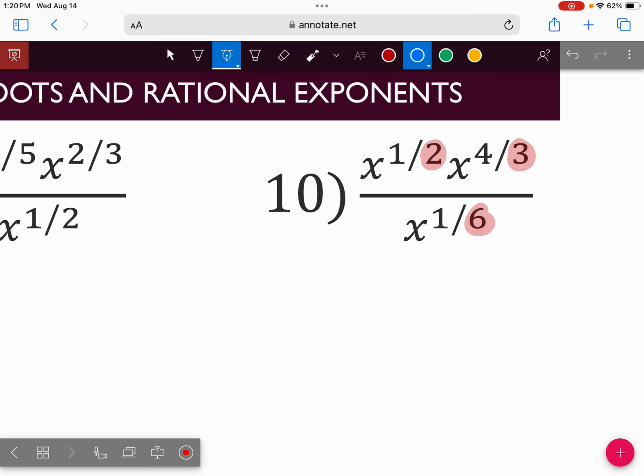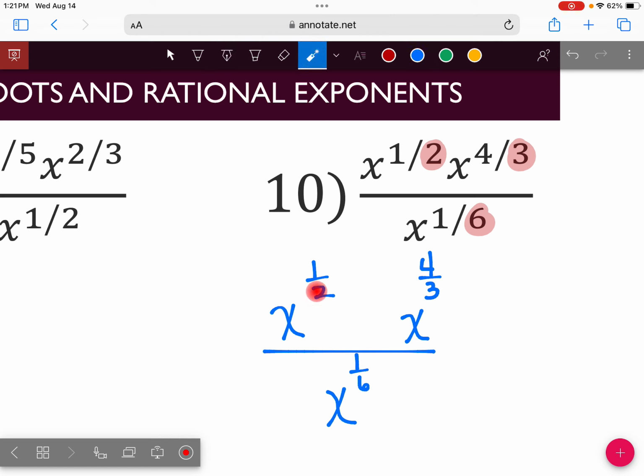So I'm going to do this the long way just in case I have somebody who doesn't remember. So I have x to the 1/2, and then I have x to the 1/3, divided by x to the 1/6. I'm just going to write this out because, again, I don't know who remembers how to do this from 4th grade, so I'm going to just explain it.